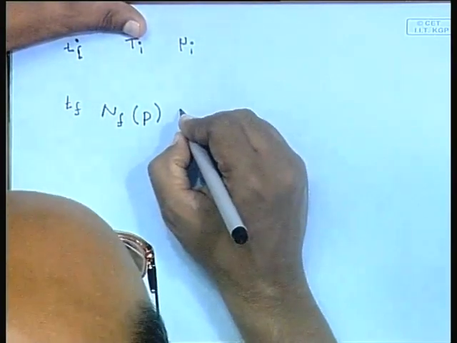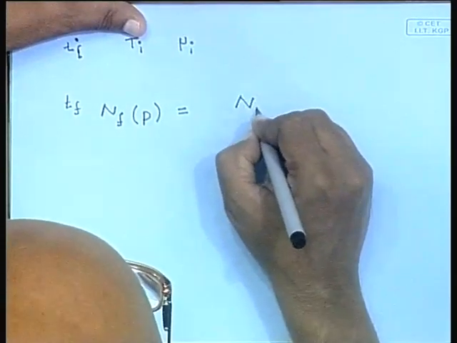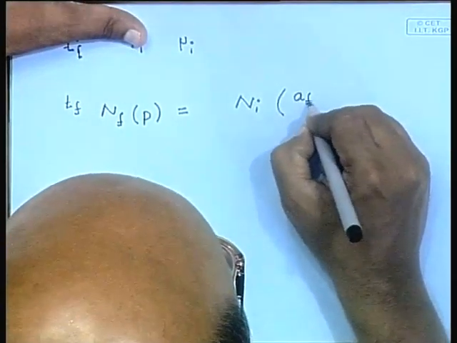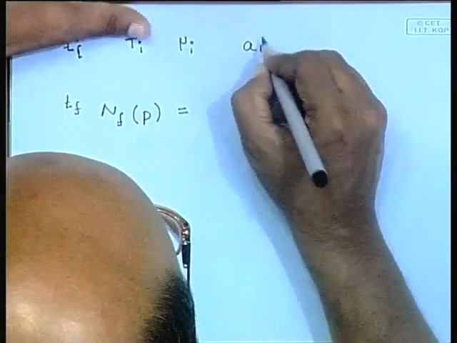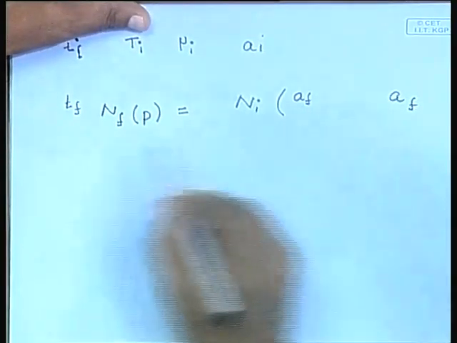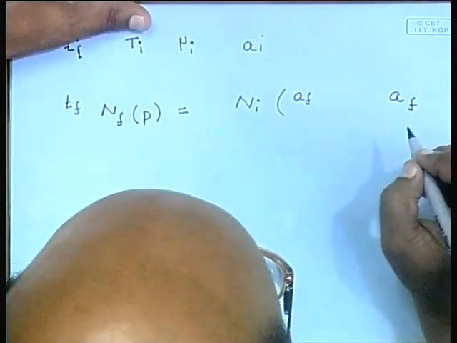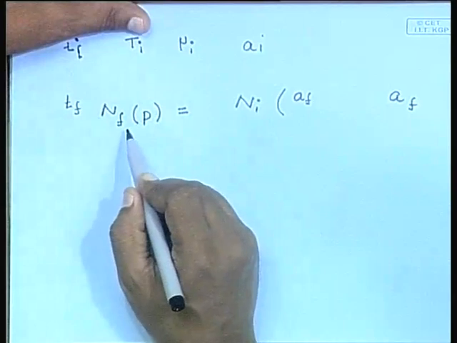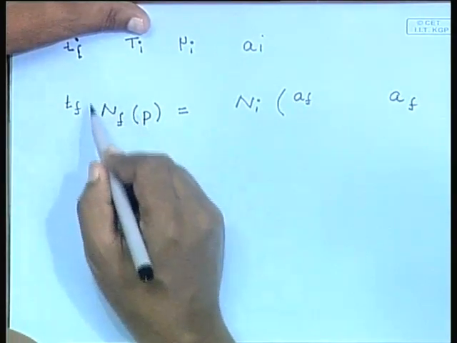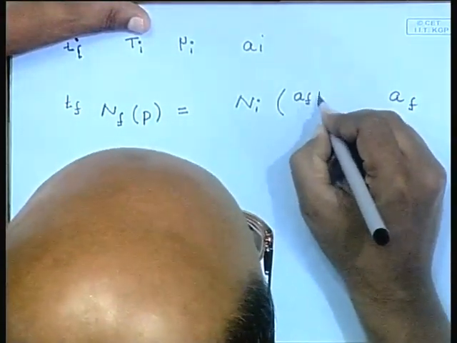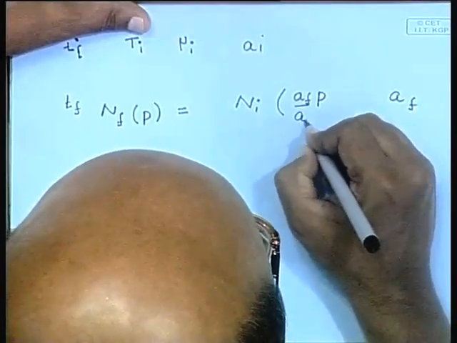And we have seen that we can write this as the initial distribution for a different value of the momentum. Here a_i is the scale factor at the initial time and a_f is the scale factor at the later time when we want to calculate the occupation numbers, the particle distribution. So, if I want to calculate the final particle distribution for a momentum p, this is equal to the initial particle distribution for a momentum p times the final scale factor divided by the initial scale factor.